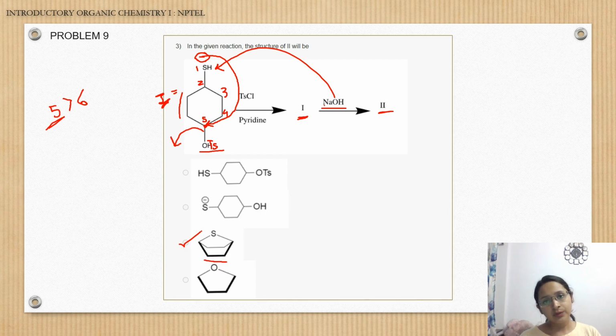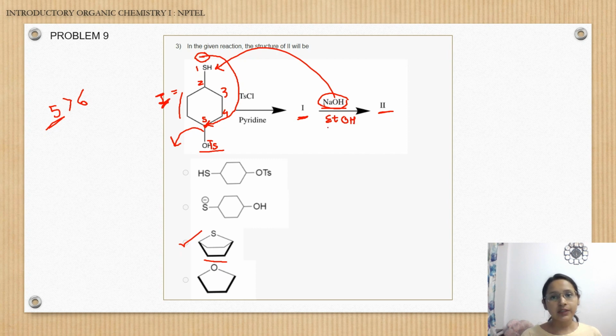Is it clear to all of you? Because you have a base in the system and you haven't added any acid or any protic solvent. That is why this cyclization is taking place. If you had added any solvent in this case, like ethanol, let's say, it is a polar protic solvent.